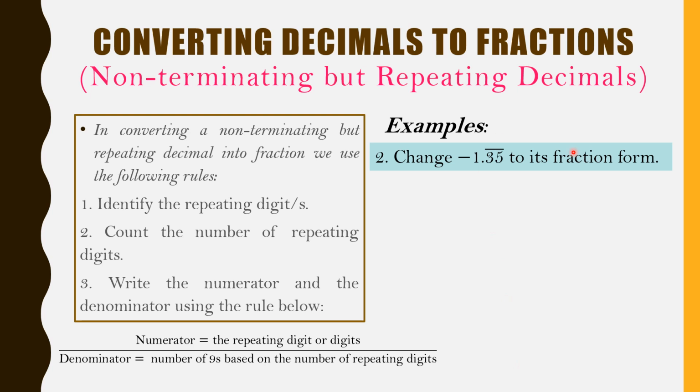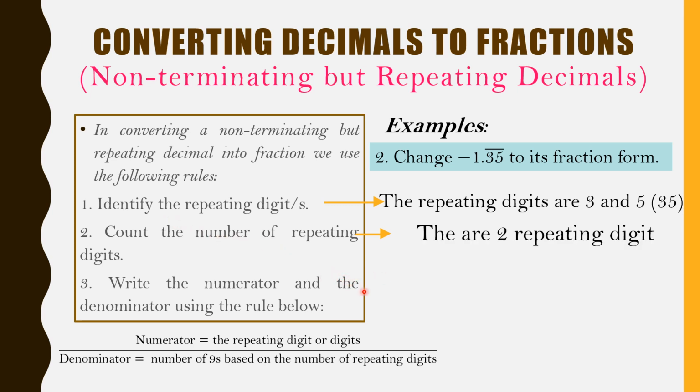Example number 2. Again, we are going to change negative 1.35 repeating to its fraction form. Again, for step 1, we identify the repeating digits. So we have 2 repeating digits here, which are 3 and 5, or simply 35. That means that we will have 2 nines as a denominator.